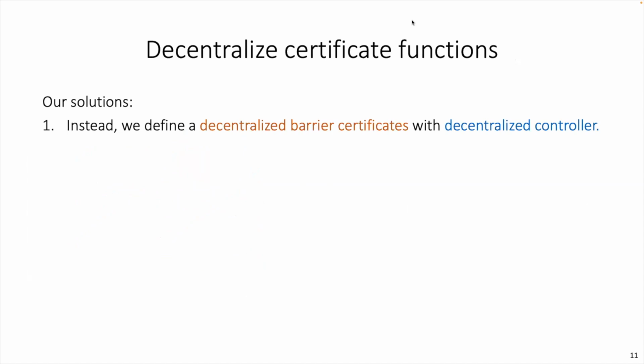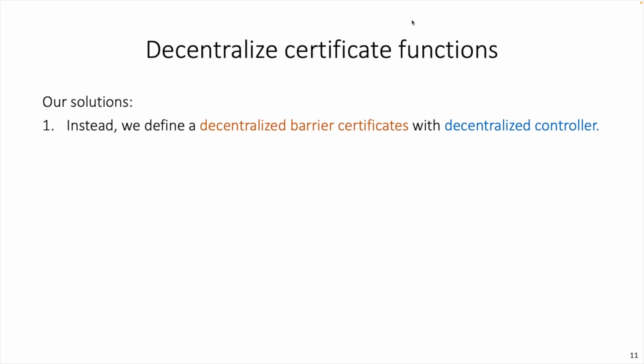So instead of using this centralized approach, one good thing about all these certificates, including the barrier certificate, is that they can be decentralized. The Lyapunov function can be decentralized. There's a whole theorem about input-to-state Lyapunov theory and how to use it to construct a global Lyapunov function for a network system. For the barrier function, we figured that it's actually also pretty easy to decentralize.